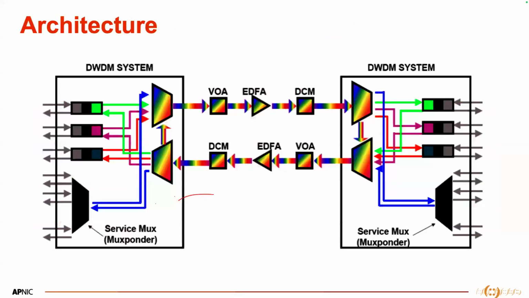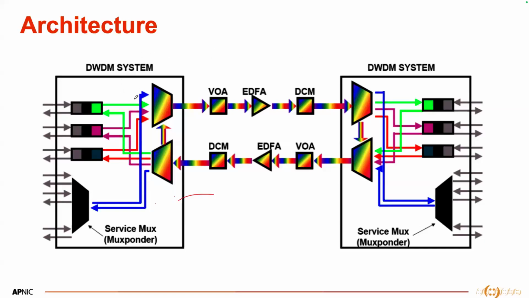Moving forward, architecture. Now we understand a lot of things on DWDM, so it's time we talk about the architecture of DWDM, how the whole process is designed. It's a very basic and generic diagram.